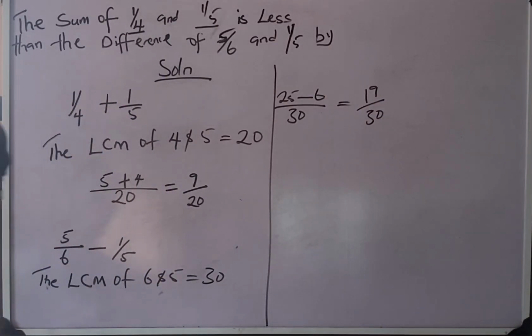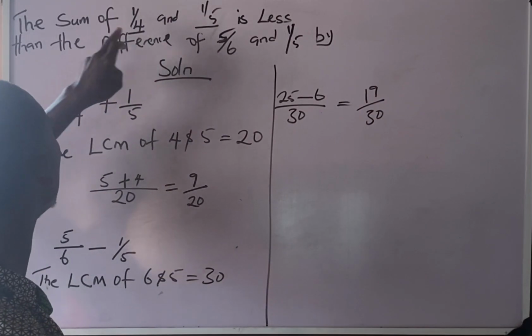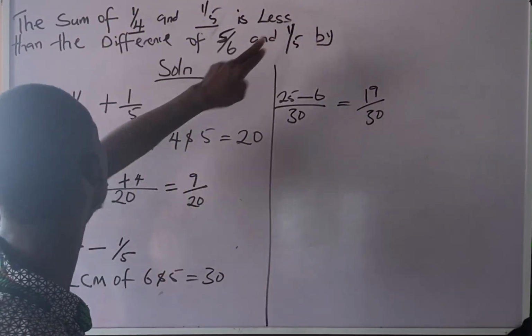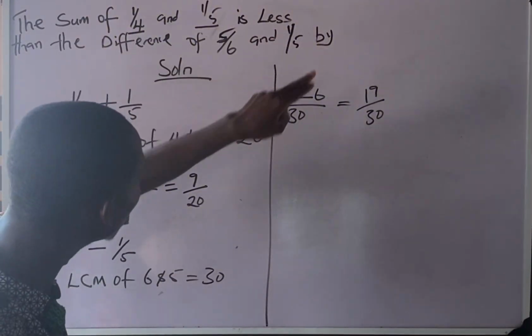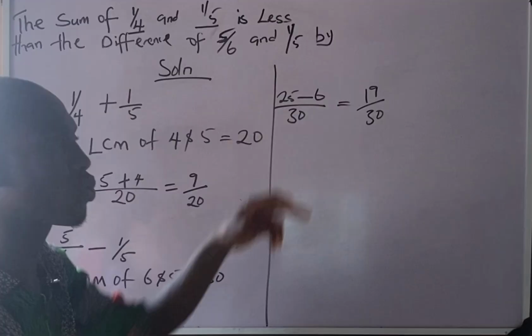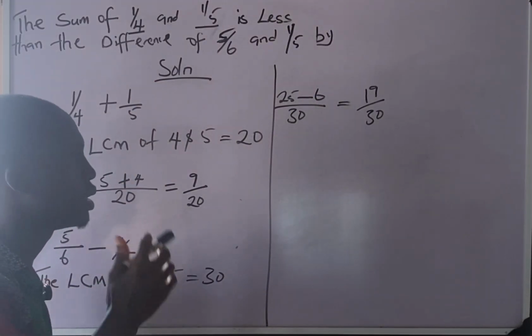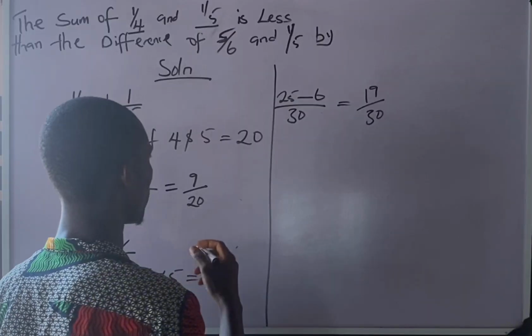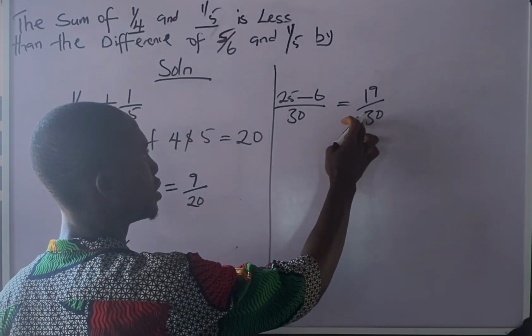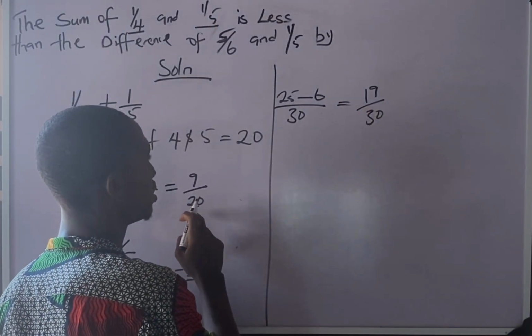So then let's go back to the question. The question says the sum of this and this is less than the difference of this by what? So the fraction by which it is less is what we're looking for. We take the bigger fraction minus this one.